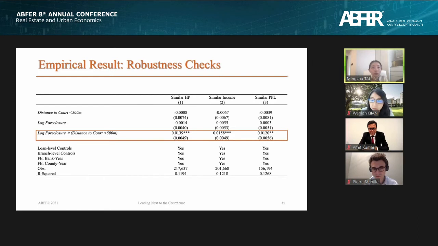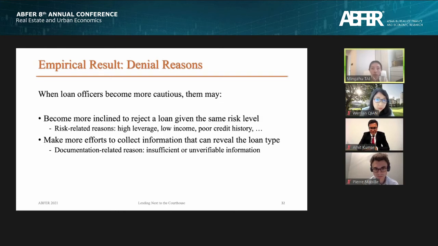The next thing we explore is for what reasons loan officers choose to decline a loan. As I just mentioned, they can either decline more loans because now, given the same risk level, they no longer want to accept the application, or because now they spend more effort to collect information and better screen the applications and kick out those low-quality borrowers.